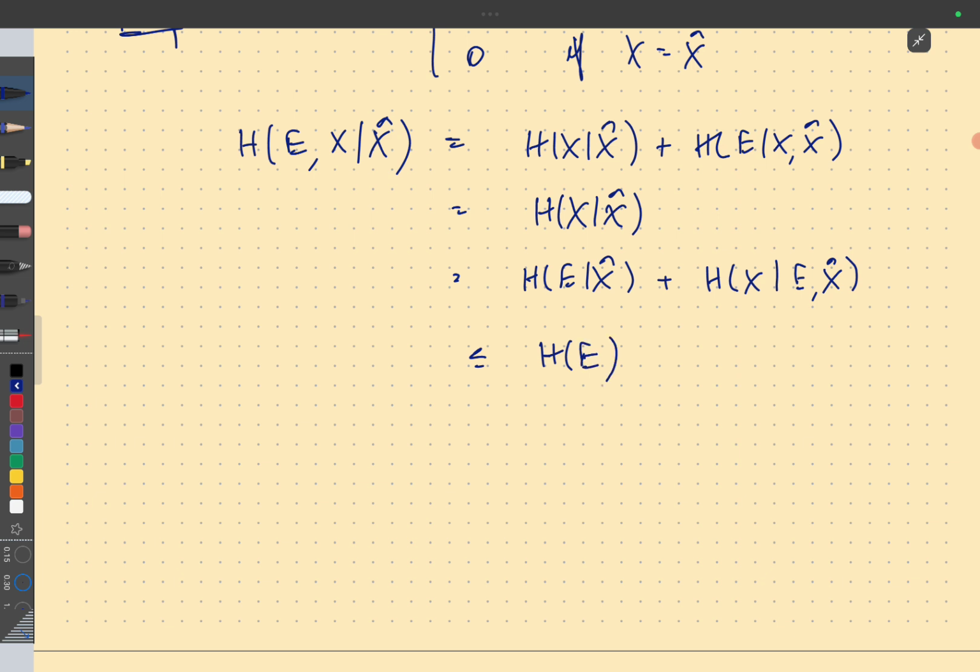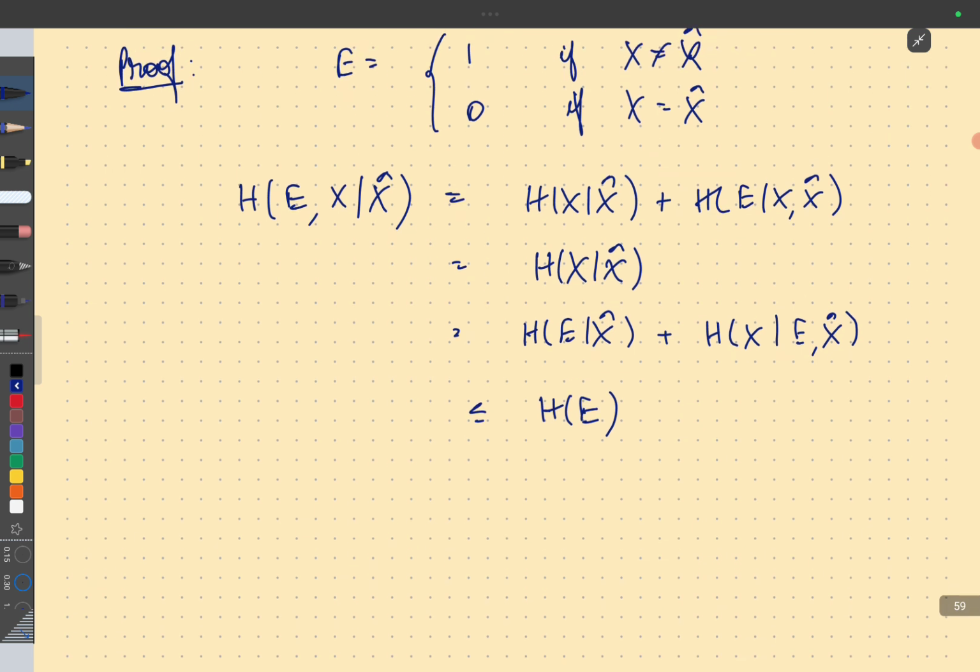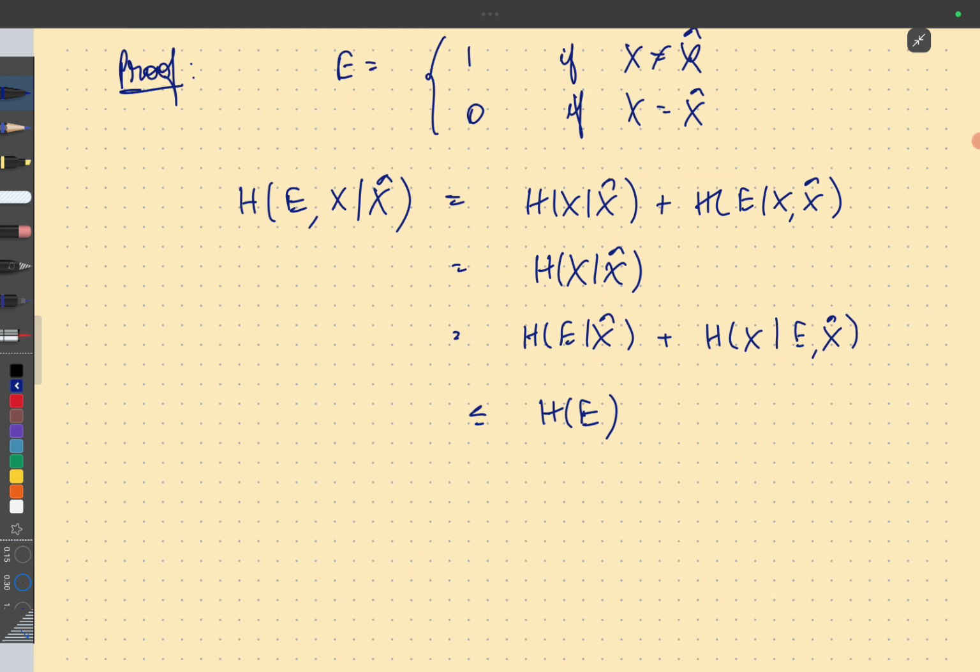I'm just taking this quantity and using the chain rule. Is this okay?